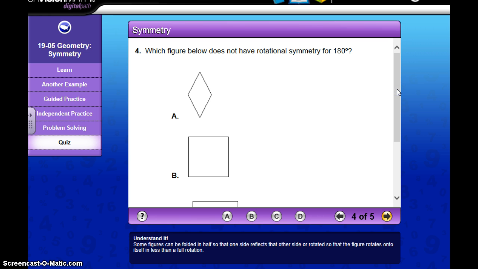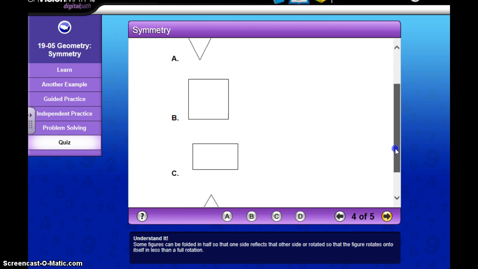Which of these shapes does not have rotational symmetry for 180 degrees? That means if we flip it all the way around, kind of like a reflection, will it have rotational symmetry? Which one does not?